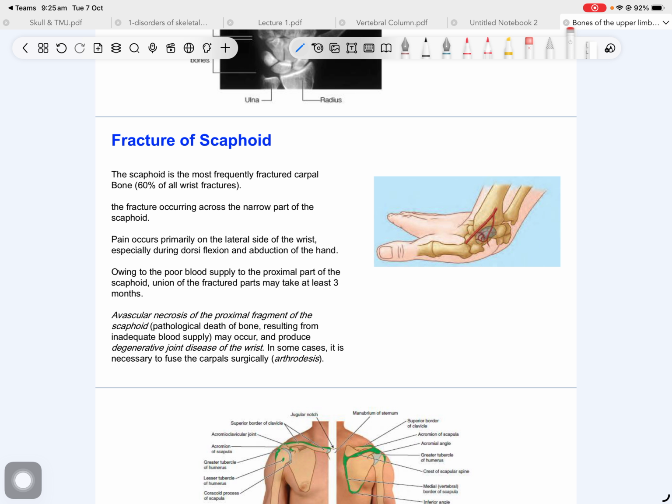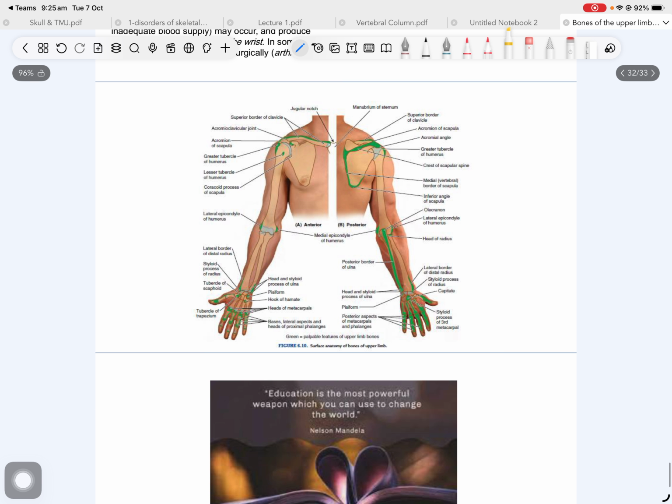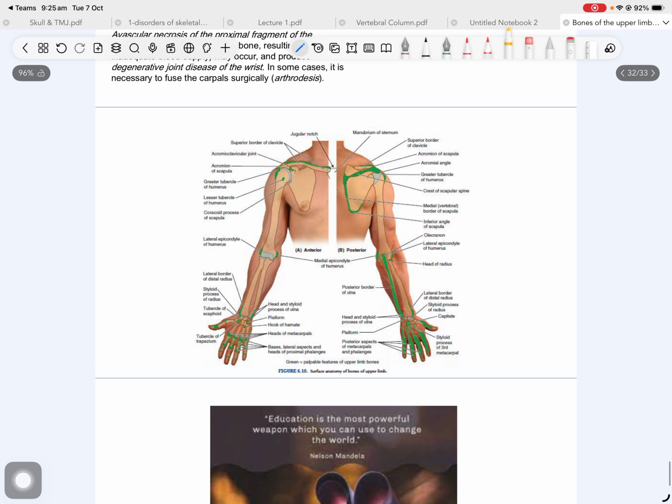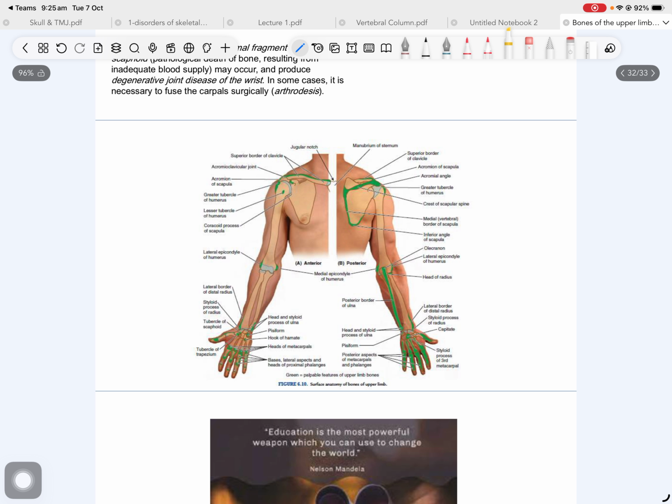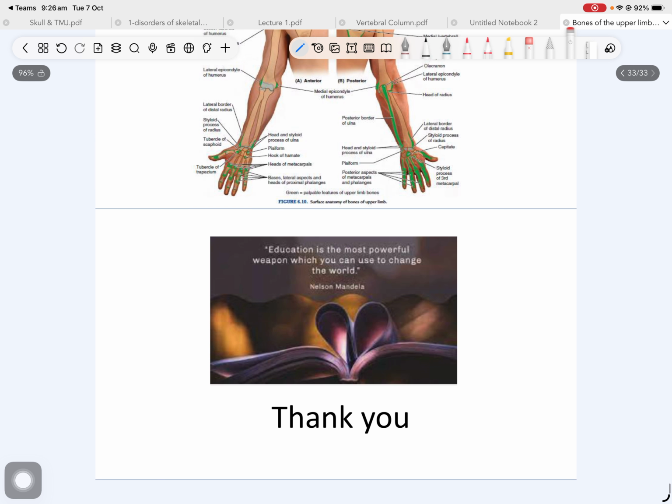Okay? Any questions? This is read only, about fracture of scaphoid. Since we don't have nourishment in this area, we may have problems. This green area represents the palpable part of the bones. Which bones are palpable? And that's all. Thank you.